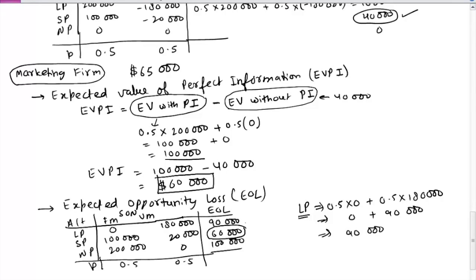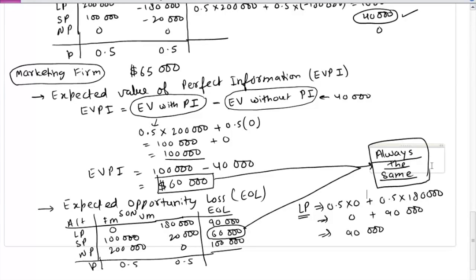So one thing you'll notice is this value and this value are always same. So basically if we make the last table, the expected opportunity loss table, you automatically also get a value for expected value with perfect information. So you can get EVPI directly without doing anything different.